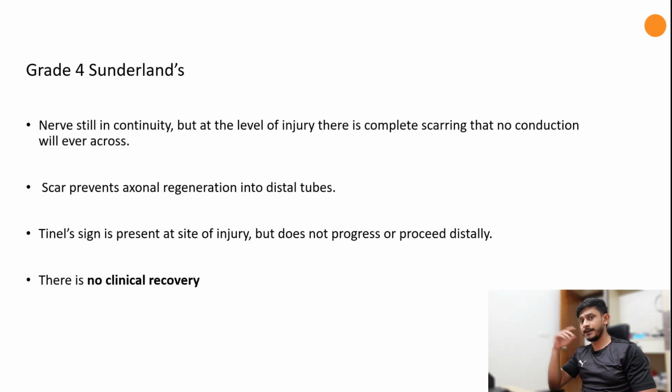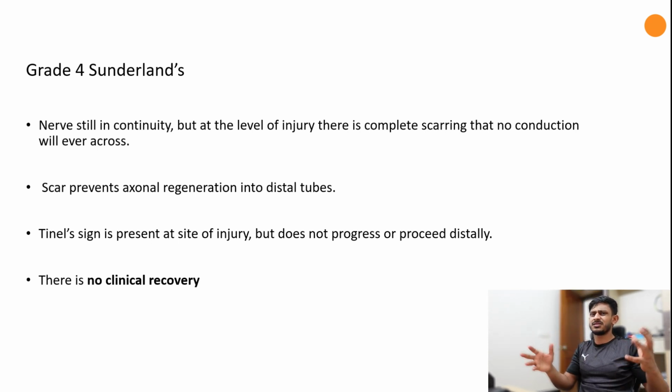Grade 4 Sunderland. Here the nerve axon is cut, endoneurium is damaged, and perineurium is damaged. And once the perineurium is damaged, there'll be a lot of scar tissue. So the axonal sprouts from the proximal stump will not be able to reach the distal stump properly because they'll be misguided and they'll go in all directions and not go where they're supposed to go.